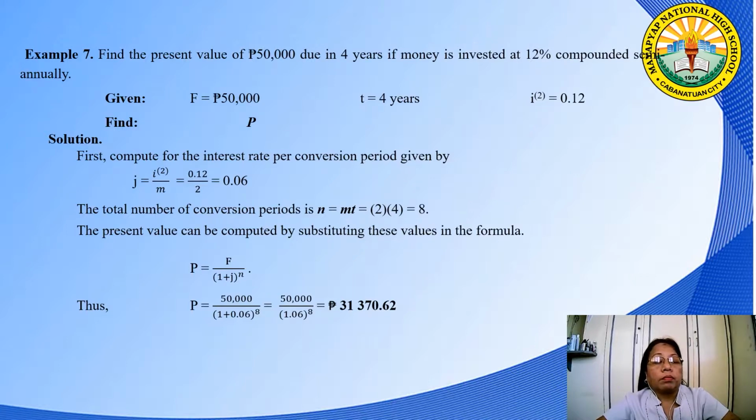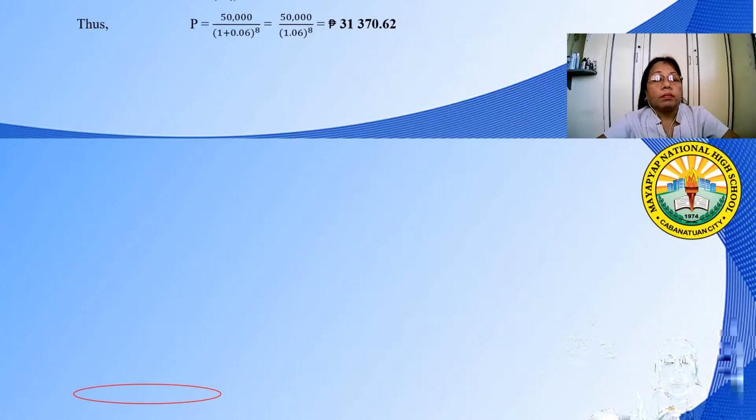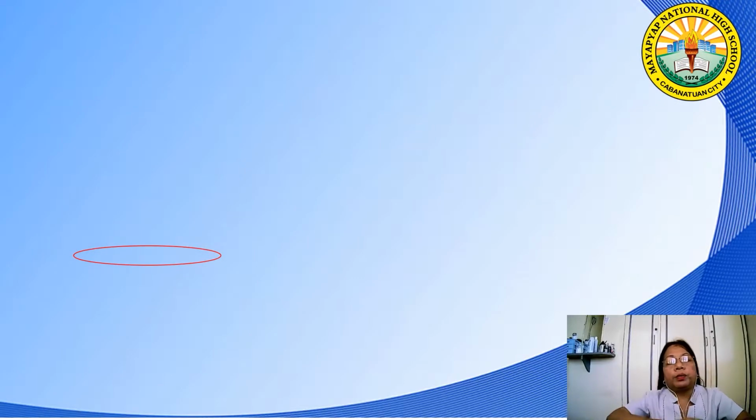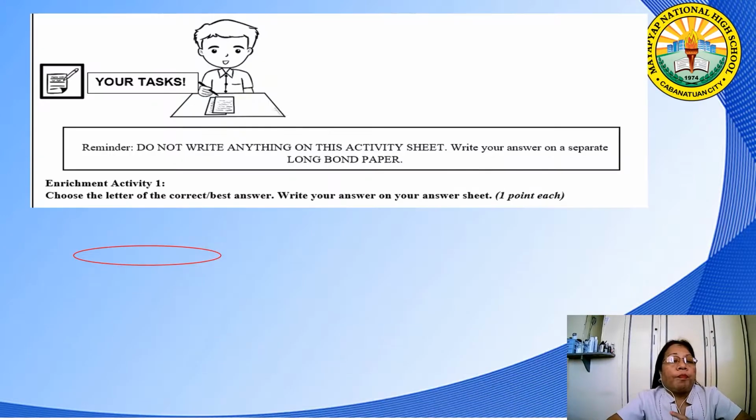Okay, now after we discuss the differences between the computation of simple and compound interest, it is now your turn to do your part. Reminder, do not write anything on this activity sheet. Write your answer on a separate long bond paper. For enrichment activity 1, you choose the letter of the correct or best answer, then write your answer on your answer sheet.